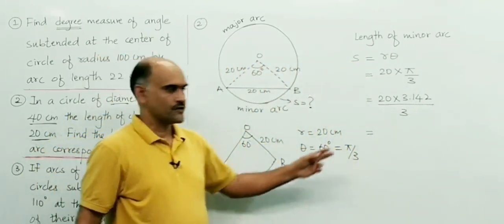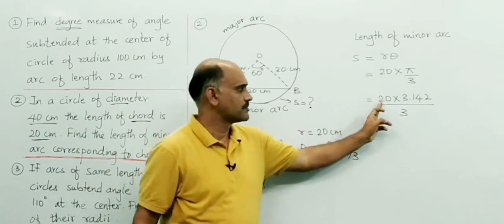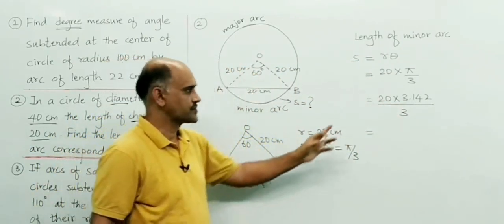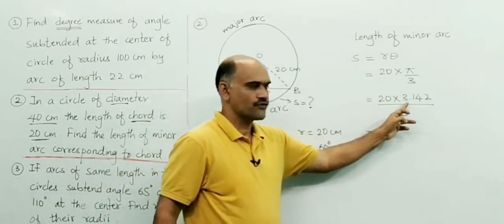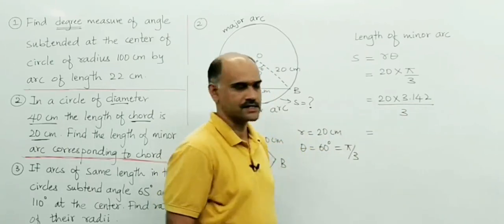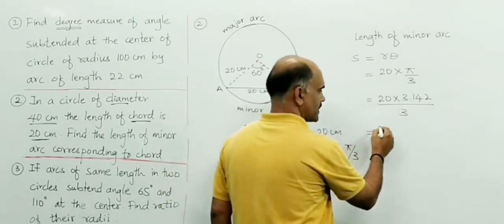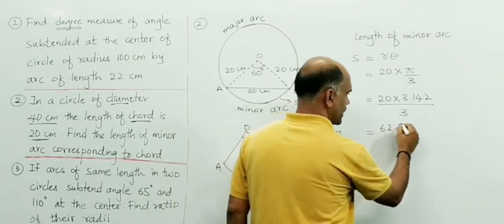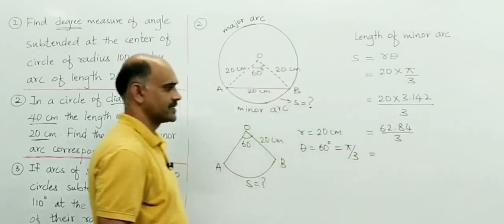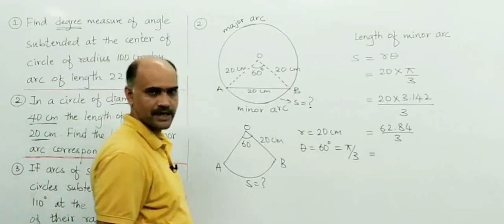So students, you can use calculator, multiply and divide it by 3, you will have the answer. So first 20 into 3.142 you take, then you divide by 3. If I multiply by 20, you will have 62.84 divided by 3. So now divide it by 3, you will have the answer.